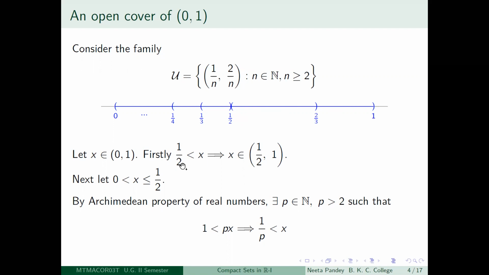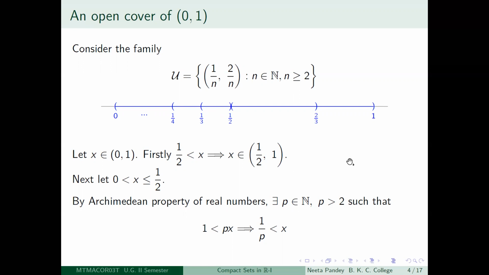So if x is greater than half, obviously you're taking points from the open interval (0, 1), so it is in the open interval half to 1. So it is in the first one itself. So our interest is when x is less than half, then what happens and how to handle it.